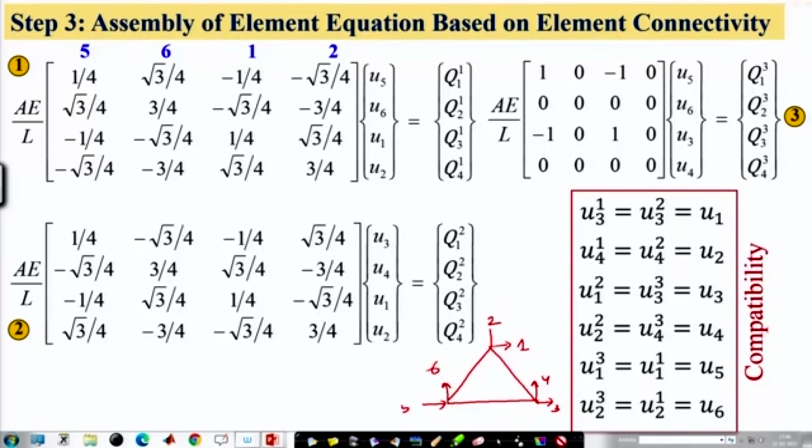And this was our element number. This is our element number 1, this is our element number 2, this was our element number 3.